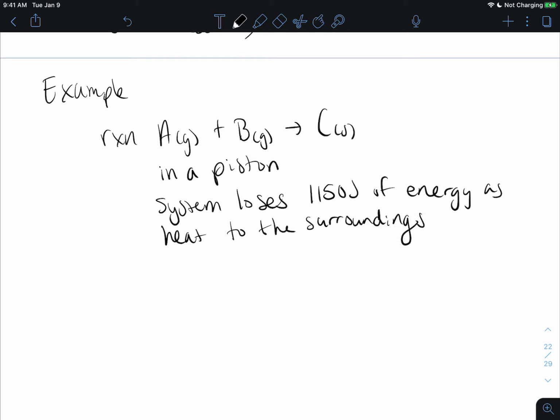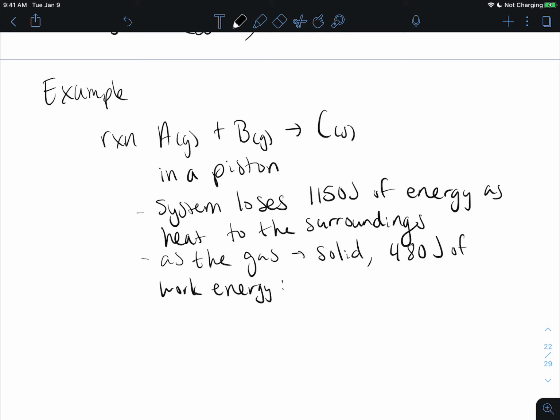Okay, so in this case, we've got a gas that is being compressed as the reaction occurs, so work is also done on the system. So as the piston moves down, 480 joules of work energy is done on the system as the gas goes to a solid.